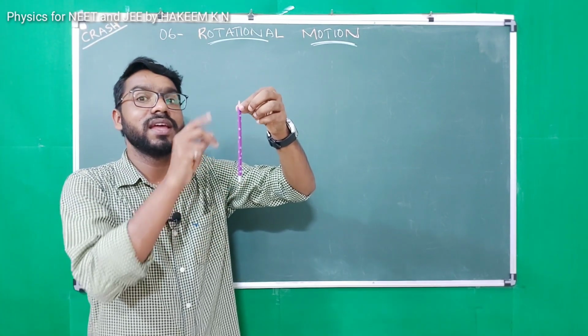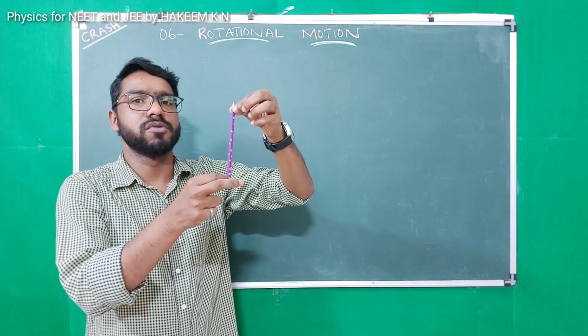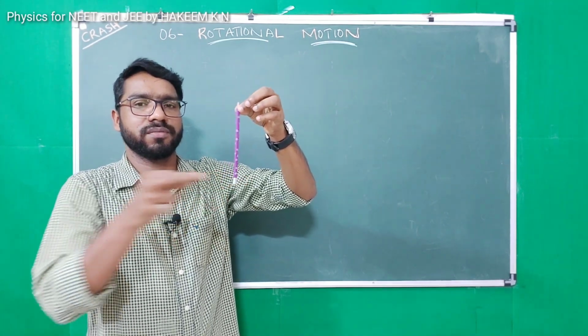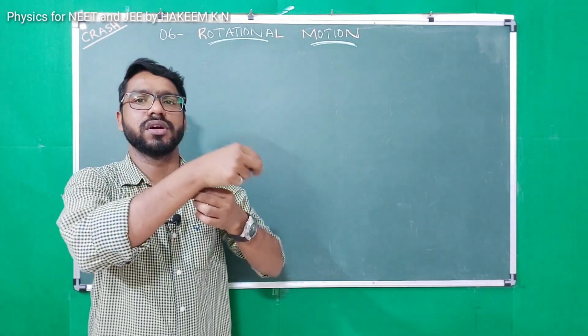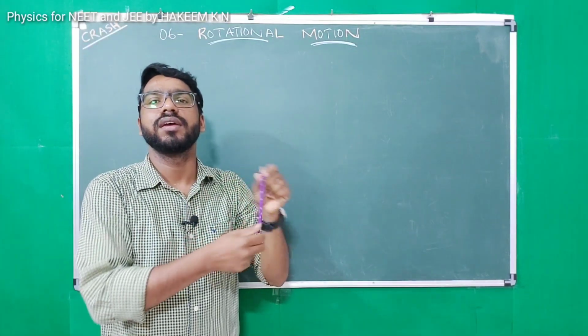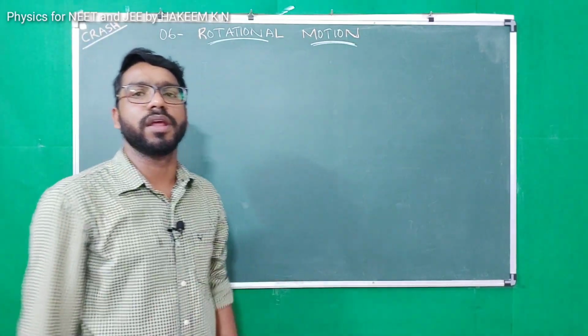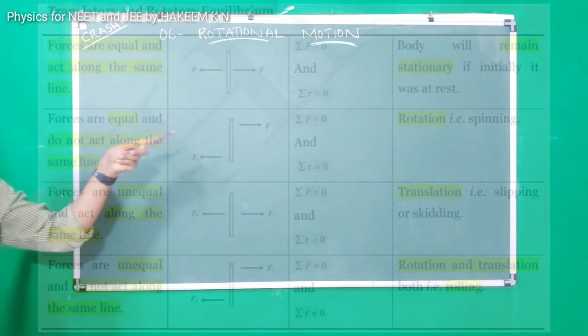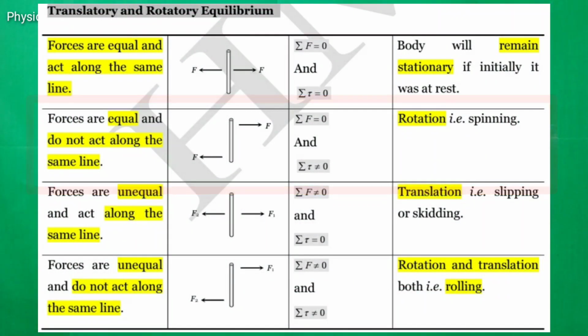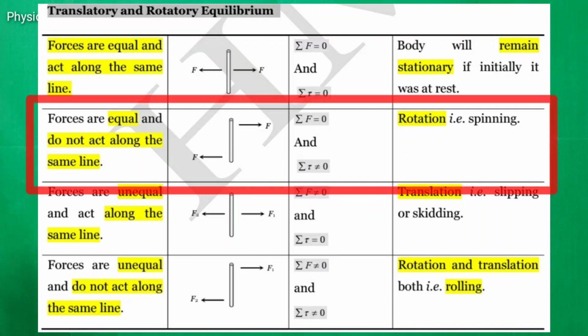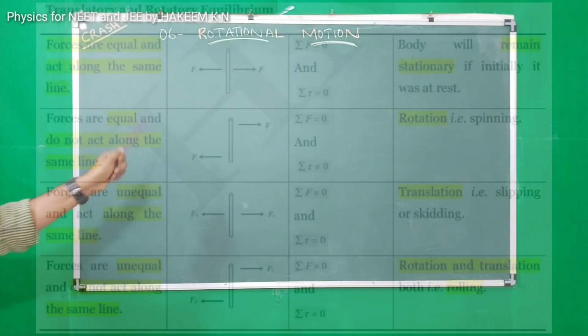Then net force is 0, but the body will start to rotate. Then we can say the body is in translational equilibrium but not in rotational equilibrium because the net torque cannot be 0. The body will start to rotate or spin. Now you can see the third point.